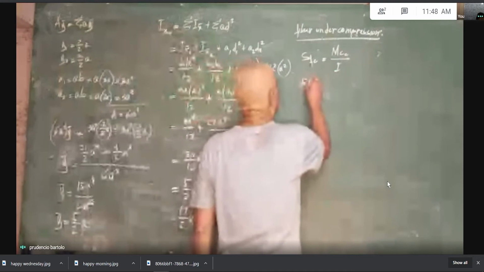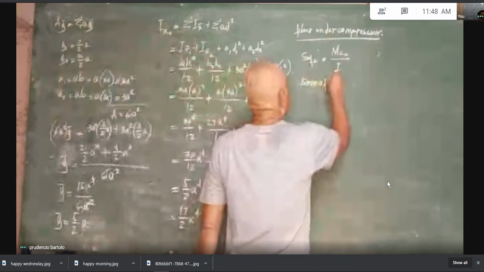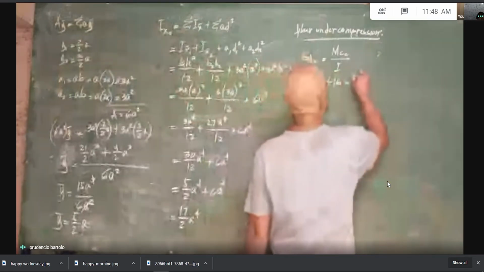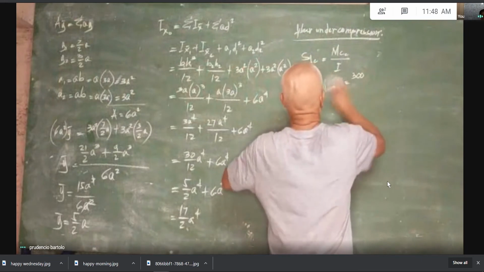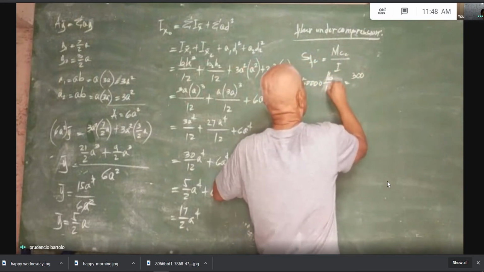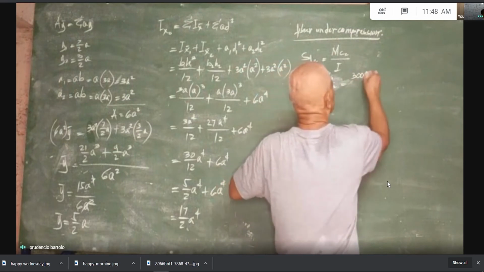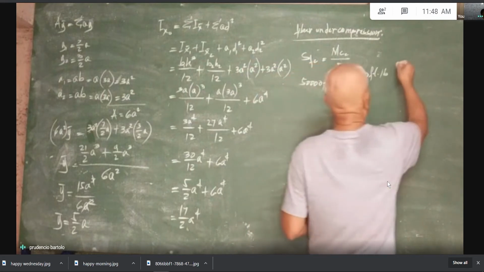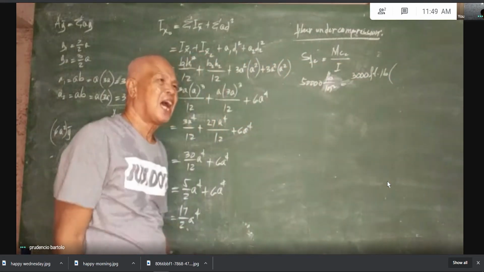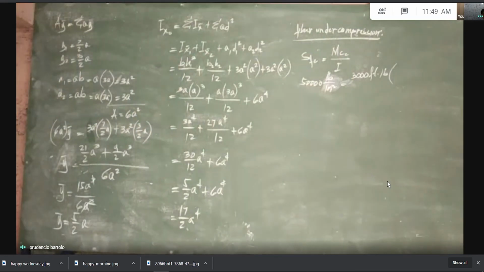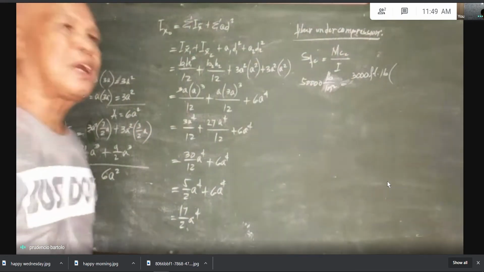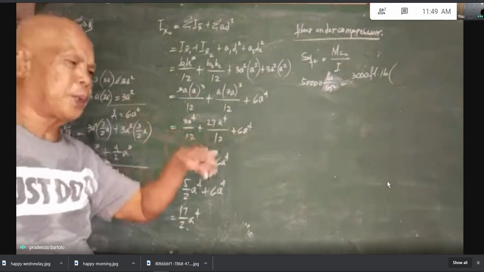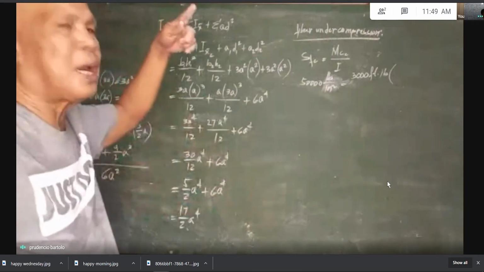This is now 50,000 foot-pounds, equal to 3,000 pounds per inch squared, equal to 3,000 foot-pounds multiplied by C under compression. The C under compression is taken from the centroid to the upper fiber.